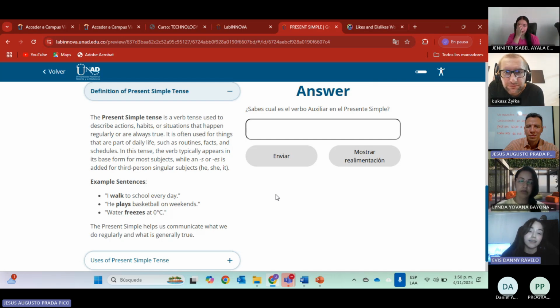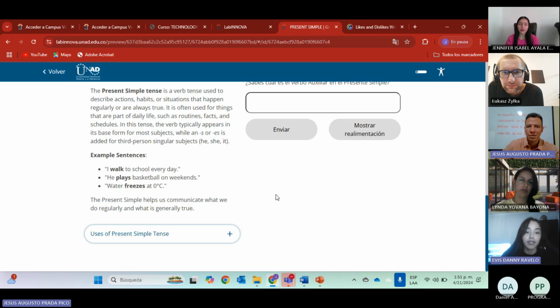So the example sentences we have: I walk to school every day. He plays basketball on weekends, and water freezes at 0 degrees. The present simple helps us communicate what we do regularly and what is generally true.